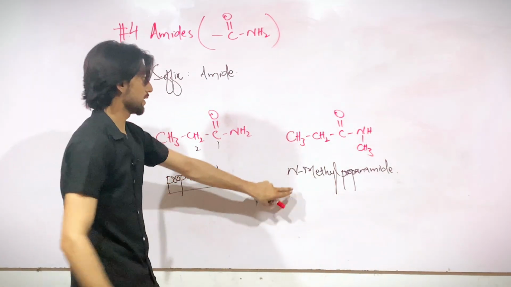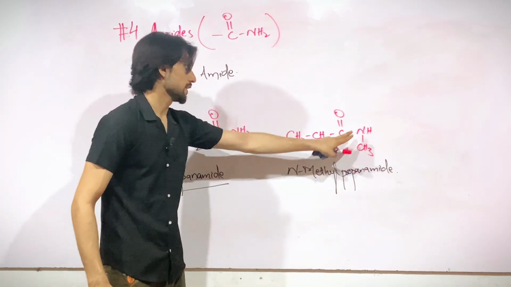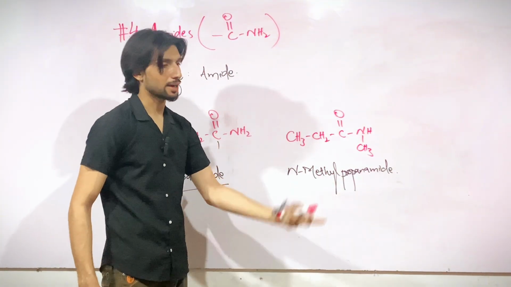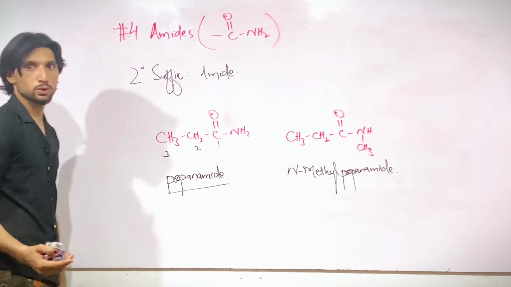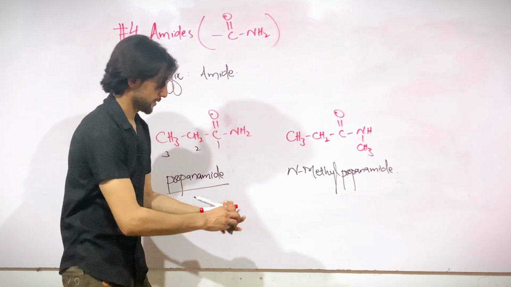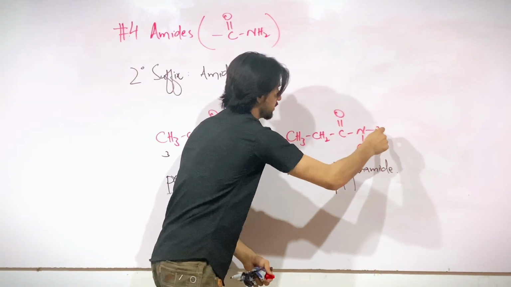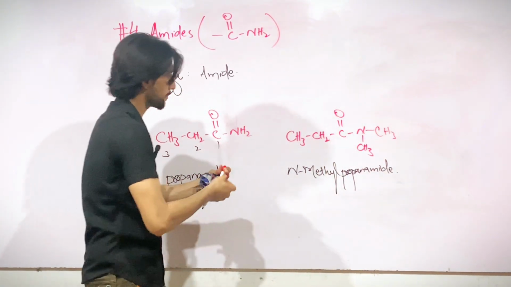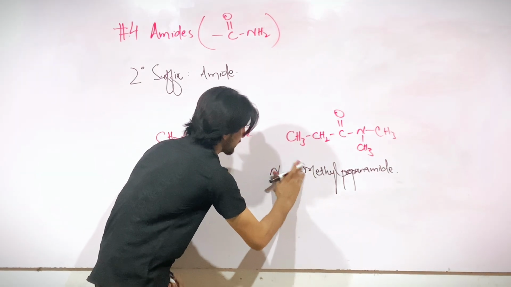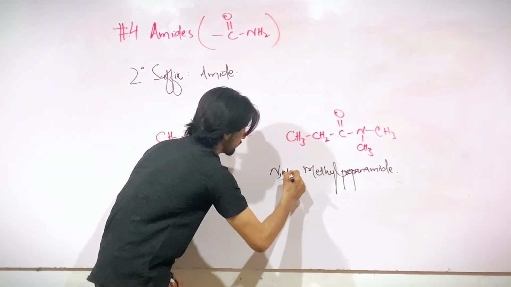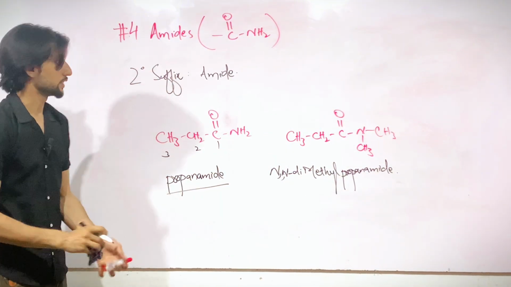So I wanted to clarify this. If a substituent was attached to nitrogen, we'll call it N-methyl, or alkyl, anything. If there were 2 substituents attached, like 2 methyl groups attached over here, we would call it N,N-dimethyl. Then the name would have been N,N-dimethyl propanamide. So this is the name of this.